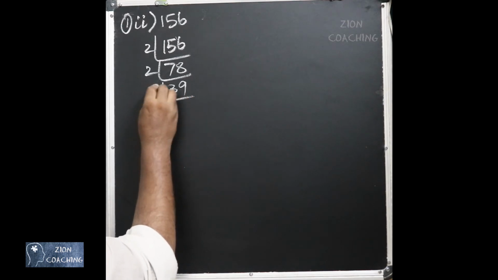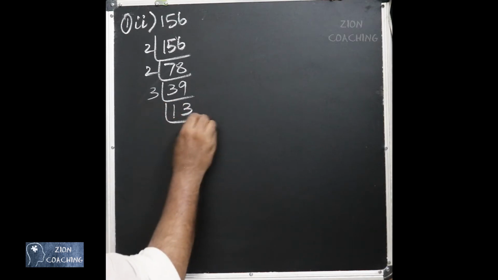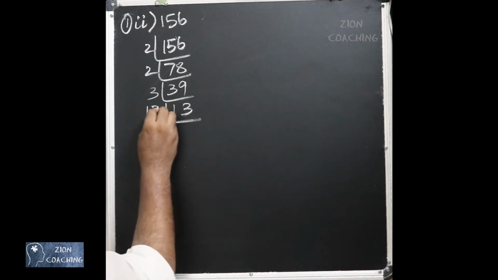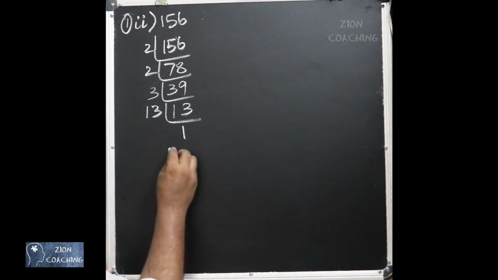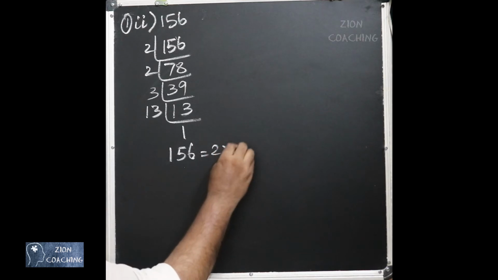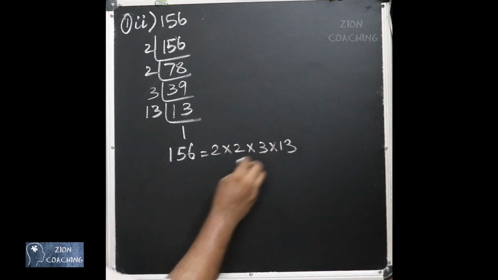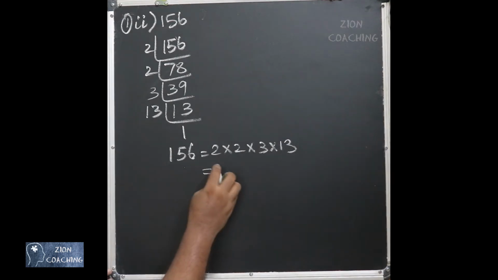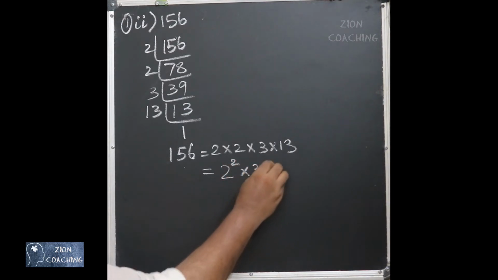Now when you divide this number by 3, you will get 1 3 is 3, 3 3s are 9, 13. 13 is a prime number, so it is divisible only by 13, so you have 1. Then 156 can be written as 2 into 2 into 3 into 13. So we have represented 156 as a product of its prime factors. It can also be written as 2 squared into 3 into 13.